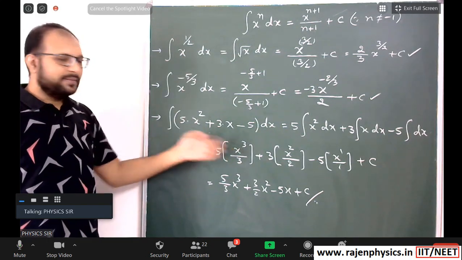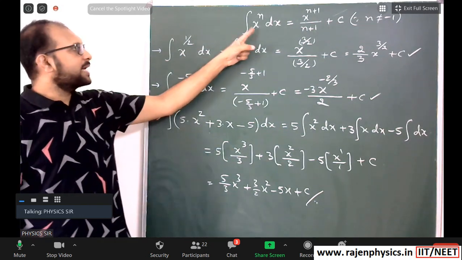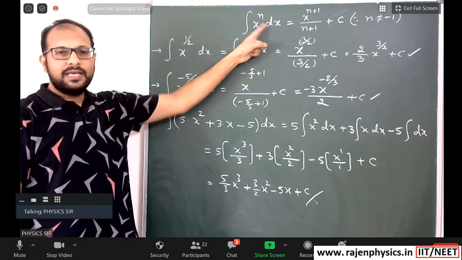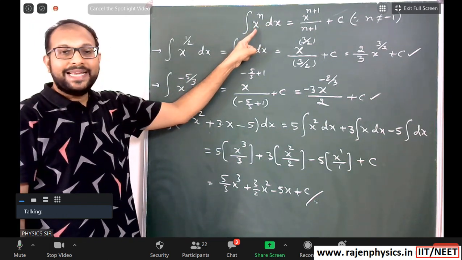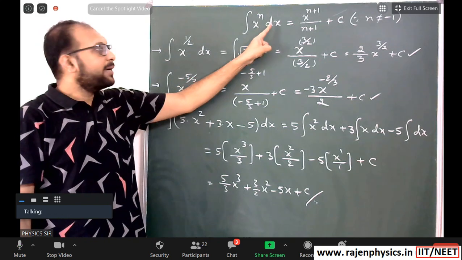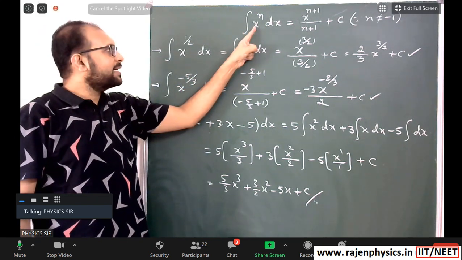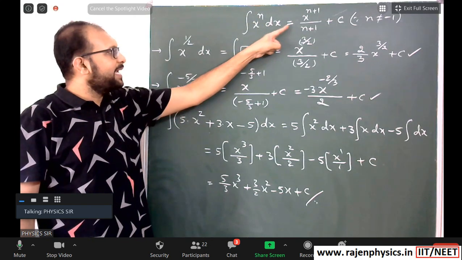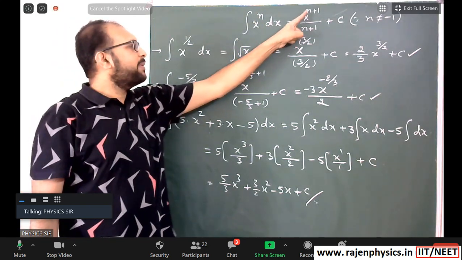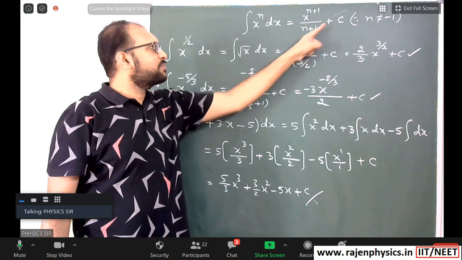So now here, not only x to the power of n dx, suppose here t to the power of n, but with respect to t only, means dt. Integral t to the power of n dt equals t to the power of n plus 1 by n plus 1 plus constant.